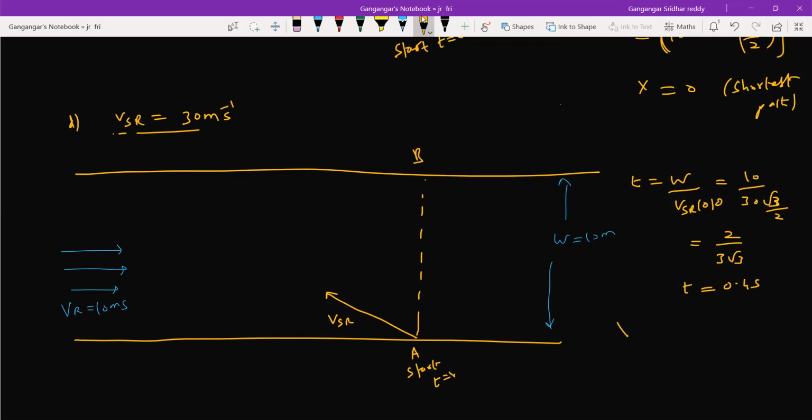Drift is given by x is equal to VR minus VSR sine theta, 30 degrees, into time. Value of VR is 10 minus 30 into 1 by 2 into 0.4. So 10 minus 15 is minus 5, into 0.4 is minus 2 meter. What do you mean by minus 2 meter? The drift will be negative.